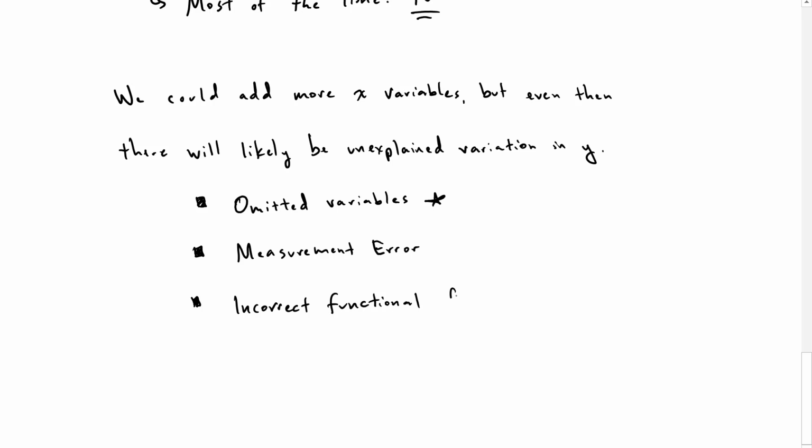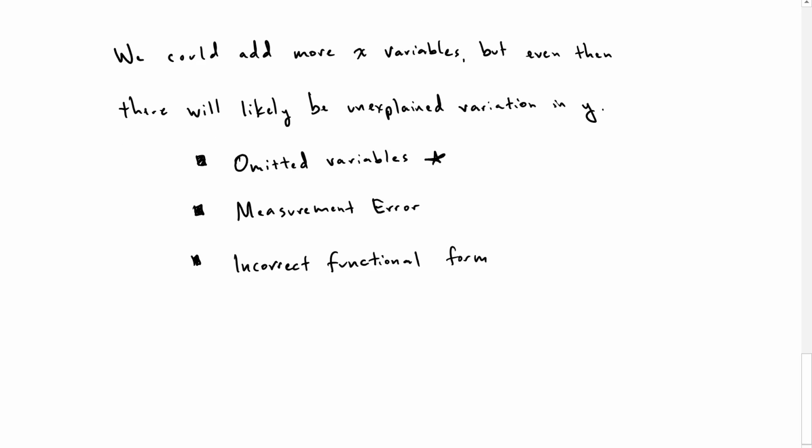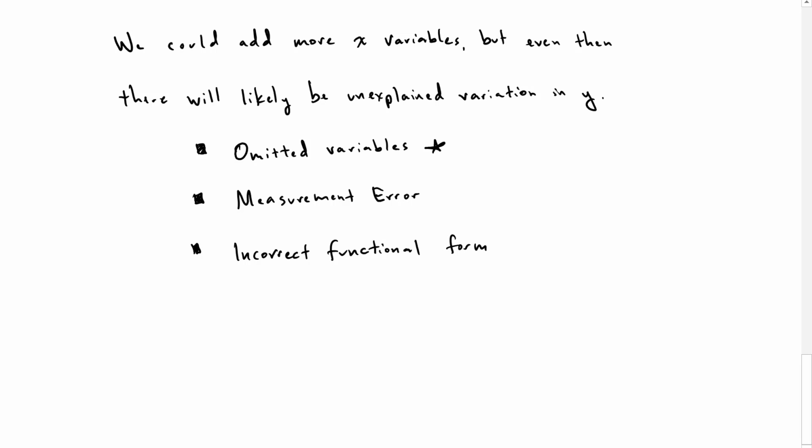So for example, we might be using a pretty normal linear function, y is equal to beta 0 plus beta 1 x, but maybe we should actually be using something like y is equal to beta 0 plus beta 1 log of x.